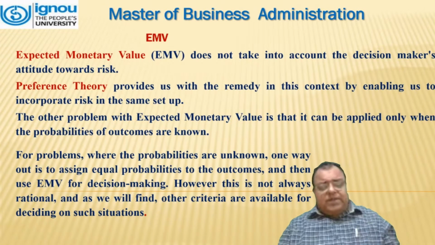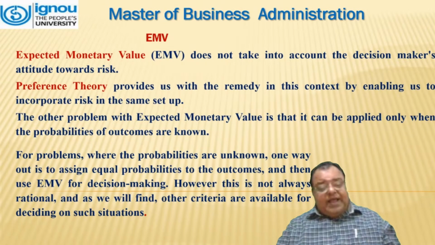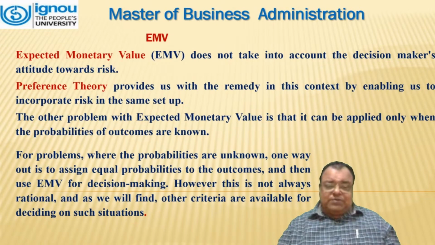For problems where the probabilities are unknown, one way out is to assign equal probabilities to the outcomes, and then we use EMV for decision making. However, this is not always rational, as we will find other criteria which are available for deciding in such situations.